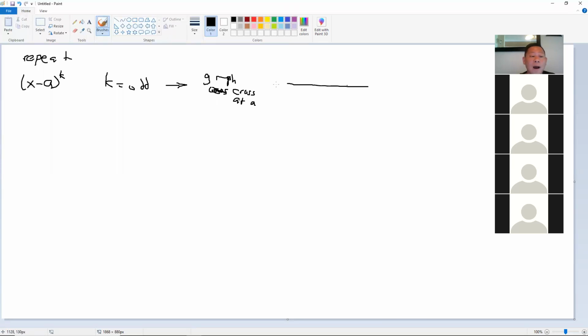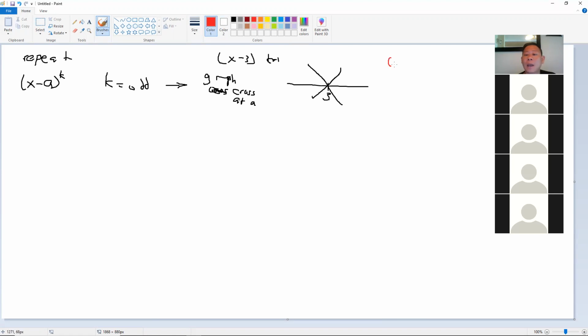Let's say if you're going to graph this, this is power 1. Let's say k is 1, so you've got x minus 3, for example. It will cross at 3 either this way or that way, depending on how your end behavior or your turning points look.